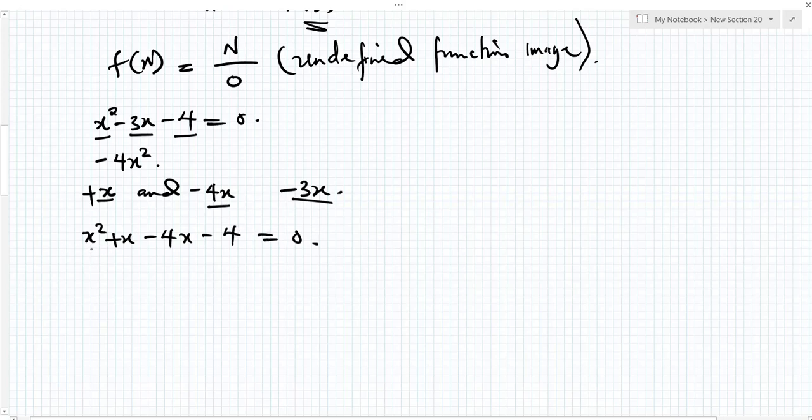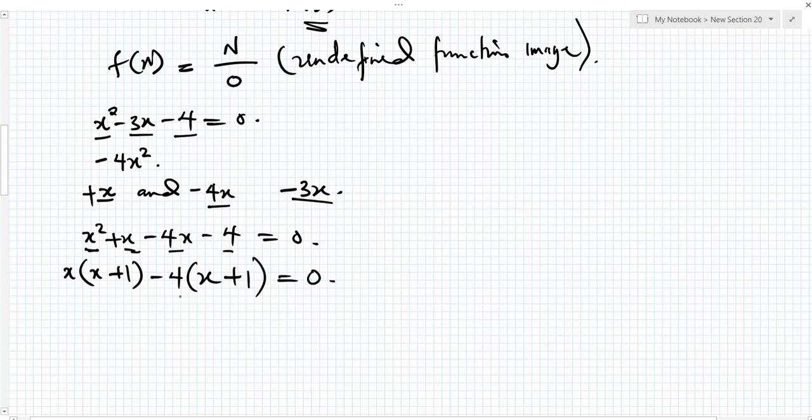Now what are the factors? The common factor between x squared and x is x. So x divided by x, you have x. x divided by plus x, you have plus 1. What is the common factor between the remaining terms? You have minus 4. Minus 4x divided by minus 4, you have x. Minus 4 divided by minus 4, you have plus 1.